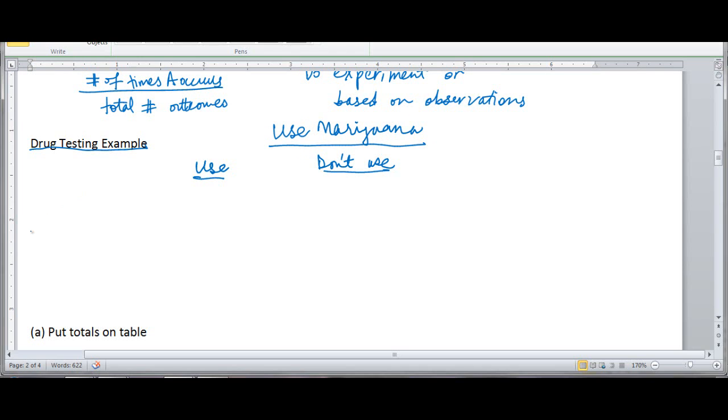And the testing results, so you give them a drug test, the test results can either be positive or negative. So we looked at a total of 300 people.